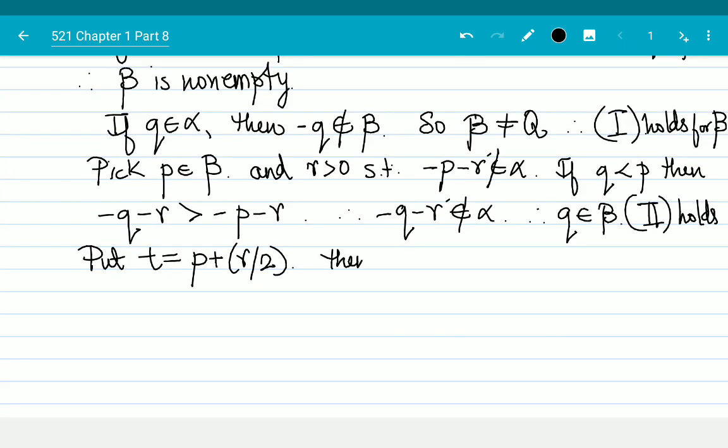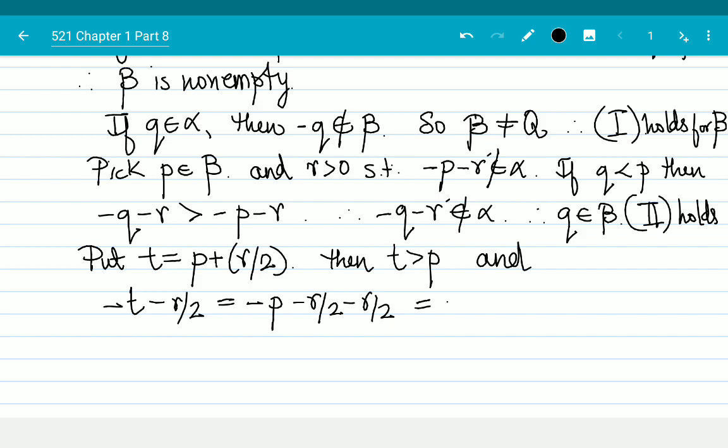Then clearly t is greater than p, since r we have taken to be positive, and minus t minus r over 2, which is equal to minus p minus r over 2 minus r over 2, is actually equal to minus p minus r, which does not belong to alpha.